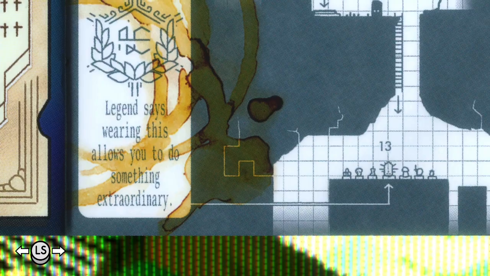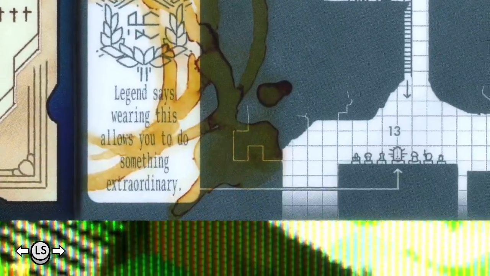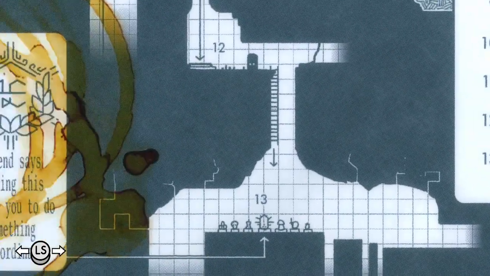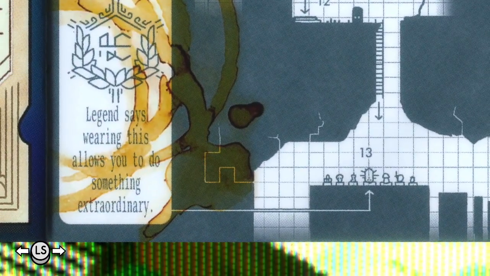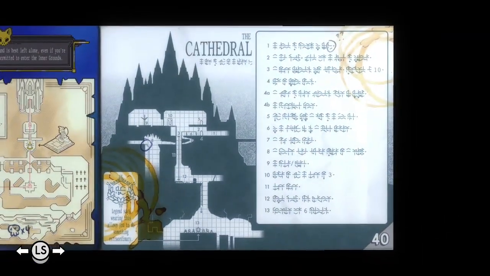Probably. This is probably what we want, right? Or that. I'm not really sure which one. This is the one with the coffee on it, so probably this one. Which would be down, left, down, right, up, right, down, left. You know, because the coffee kind of makes it a golden color. It's kind of clever.